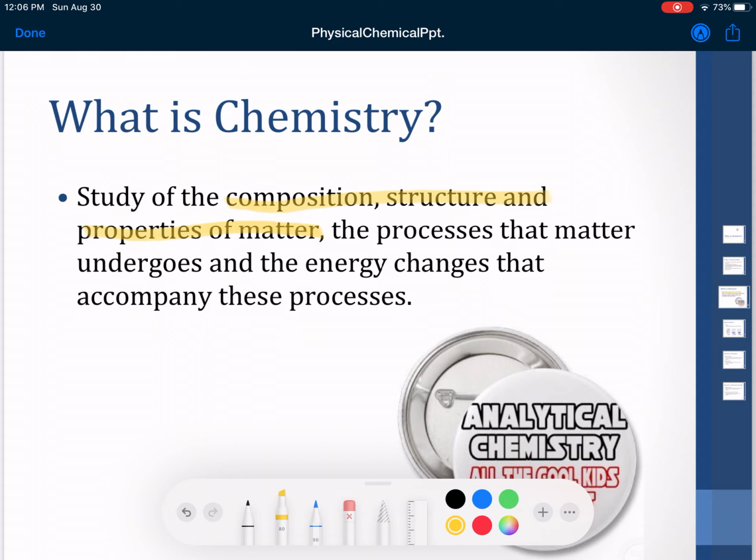The second part is the processes that matter undergoes. We'll go through that in probably two or three slides. We're going to go through the different physical and chemical changes and how those affect the physical and chemical properties. What we're really doing, guys, is building a baseline of information for you to have throughout the school year, and then we're going to go into more detail.